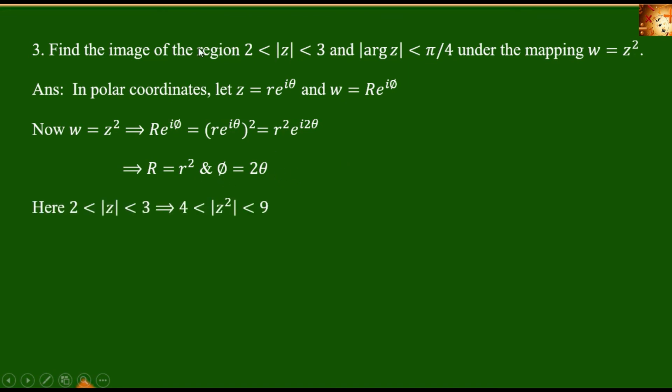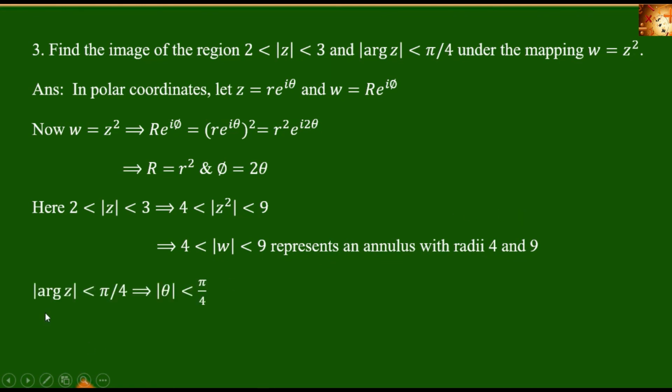Next, we are moving to the conditions. Here 2 less than mod z less than 3 implies 4 less than mod z square less than 9, because here we are squaring this inequality. So we get 4 less than mod z square less than 9. What is z square? Here w equal to z square, so we get 4 less than mod w less than 9, which represents an annulus with radii 4 and 9.